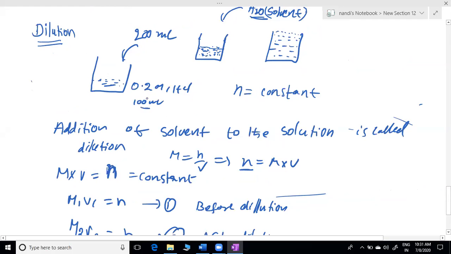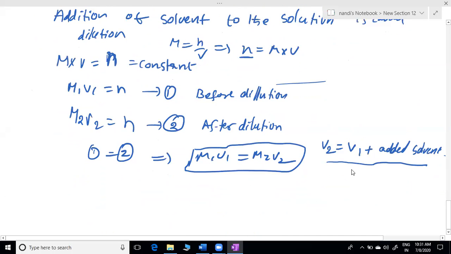Already V1 is there, then I'm adding some water, that is the extra solvent. So V2 equals V1 plus added solvent. So shall we try the previous question, which is the given diagram? Please note this down first, then you can try that question using the formula.